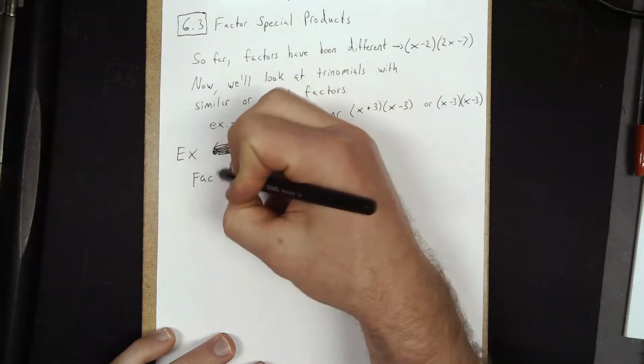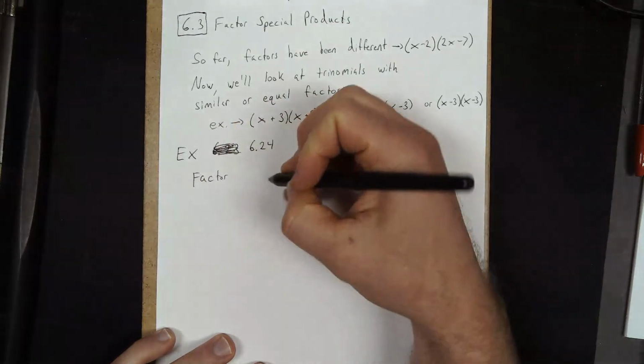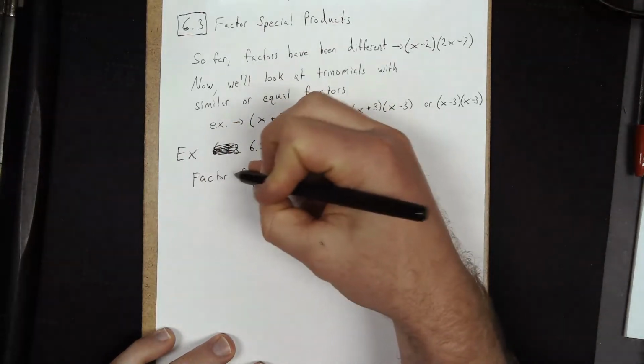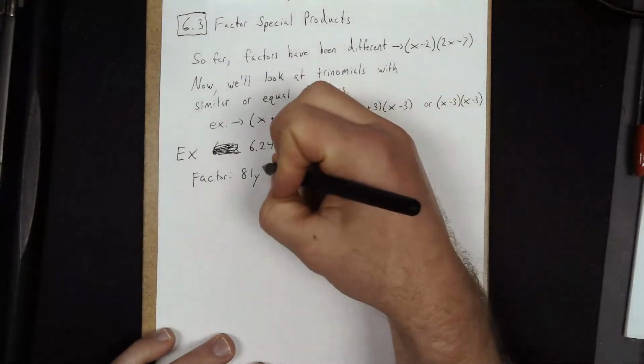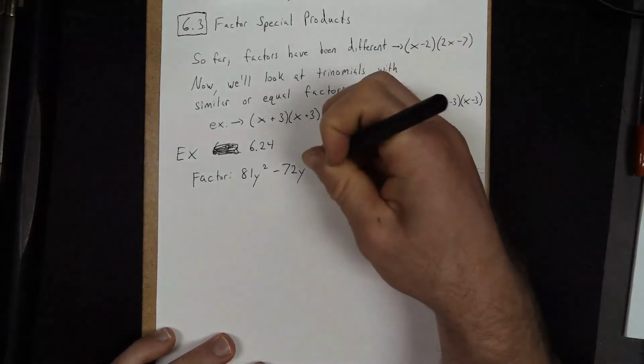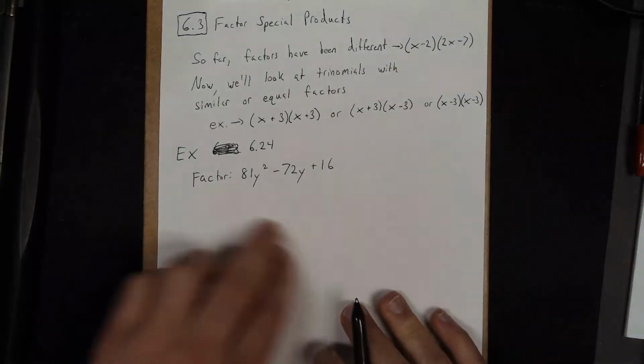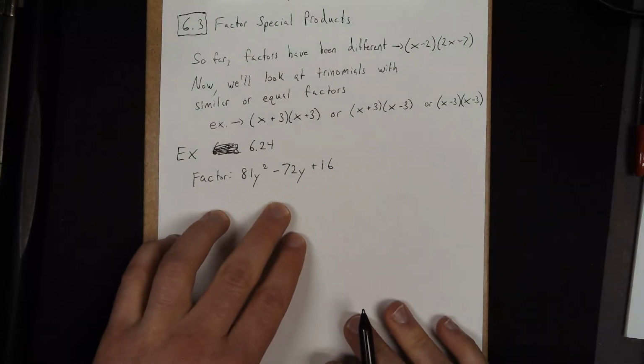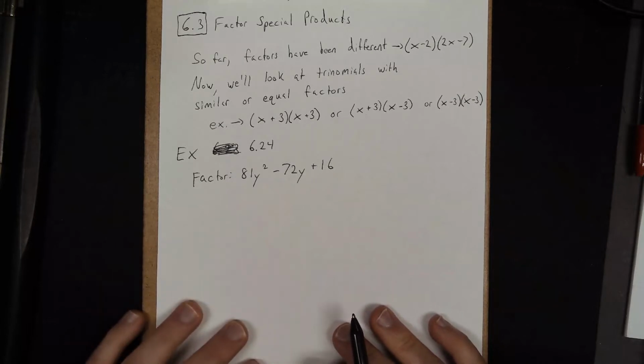So let's factor 81y squared minus 72y plus 16. Now we could use the AC method on this, but it's much, much easier than that.